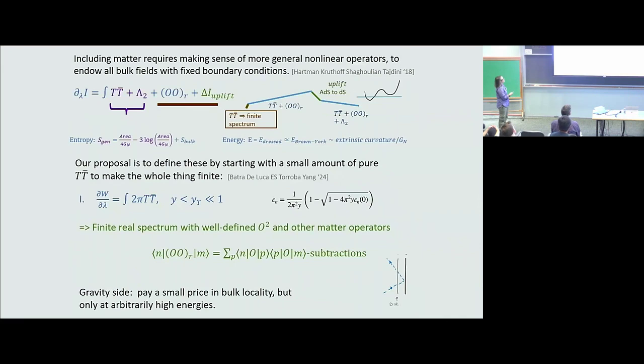let me start on the trajectory that we consider and propose to capture the matter. I more or less said this before, actually, but I'll say a little bit more about it. When we add a little bit of TT bar to begin with, we have the dressed energy formula, which cuts off the real spectrum, at which point we can at least define operators without any ambiguity. I mean, we have a lot of freedom to define the operators as we wish.